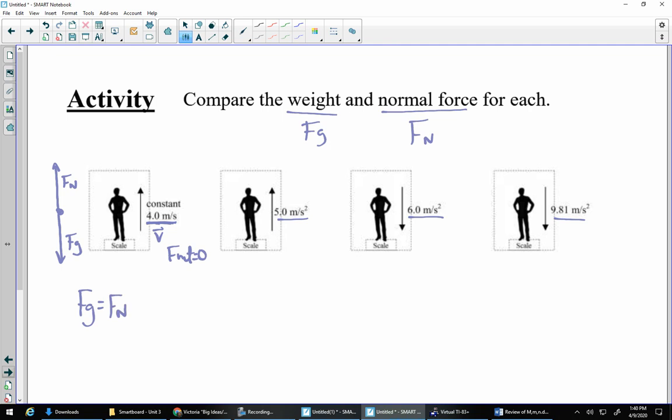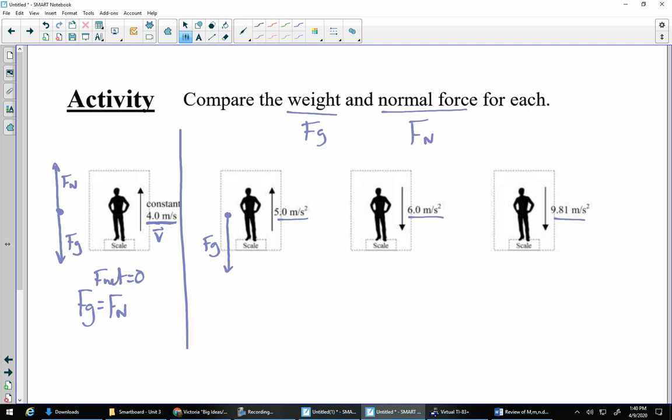Cool. For the second example that we've got over here, I'll just summarize that, F net equals 0. For my second example, the person is accelerating upwards at 5 meters per second squared. So this person's force of gravity is exactly the same size that it was in the first one. So I've got force of gravity going downwards.